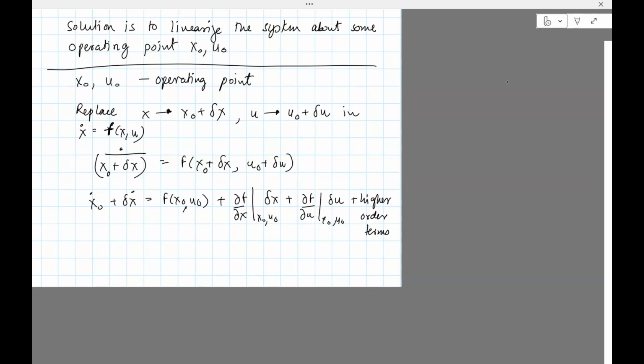These terms will typically be delta x squared, delta u squared, and so on. Since delta x is pretty small, we'll ignore those higher order terms, assuming they are close to 0, because if delta x is 0.1, then delta x squared will be 0.01. So you just chop them off.